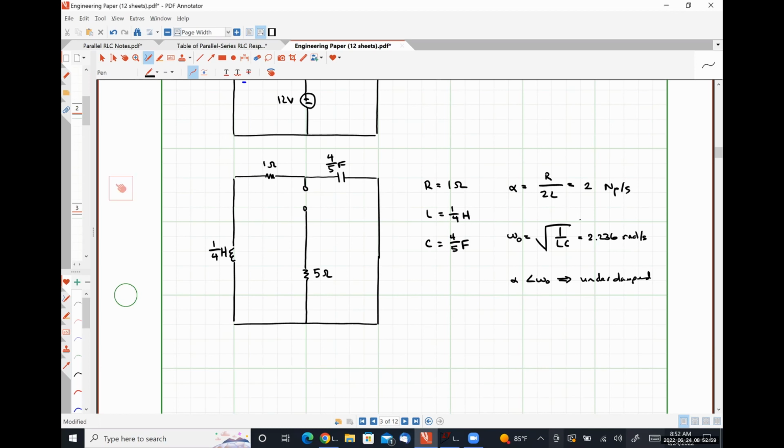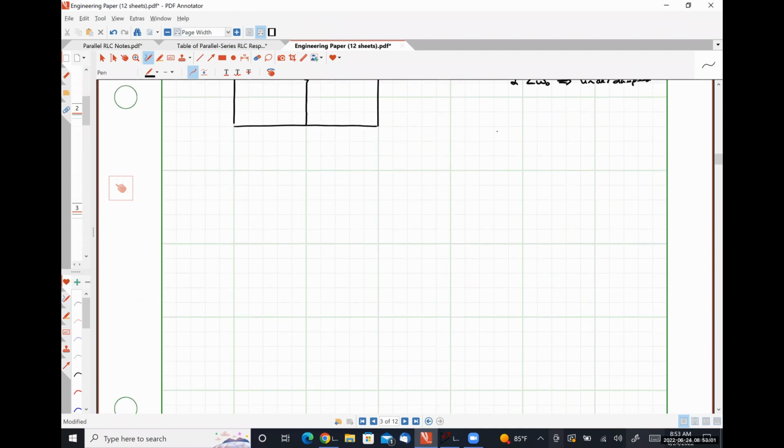So our next step is going to be to analyze the circuit at t equals 0 minus. At t equals 0 minus, our circuit is going to look like this, where I'm replacing my inductor with a short circuit because we're at DC steady state.